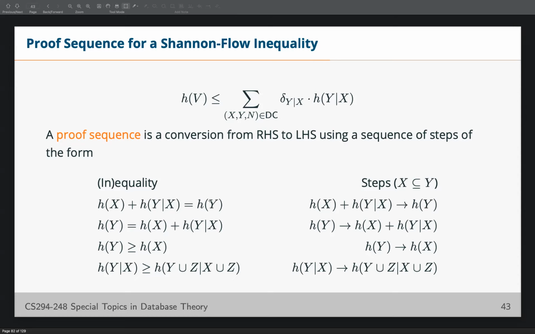So composition, decomposition, submodularity, and you have seen all three of these in the example just now. Okay. So a proof sequence is just a conversion from the right-hand side to the left-hand side using a series of these. And now we want to convert a proof sequence into an algorithm.